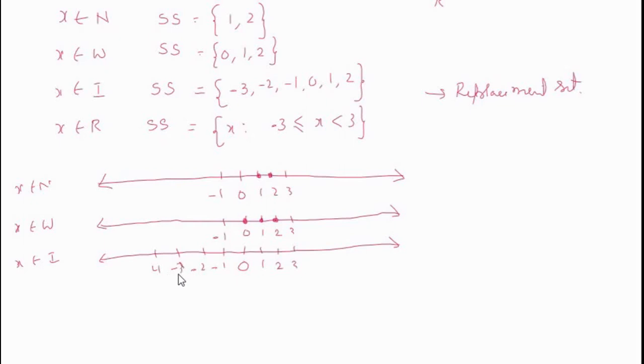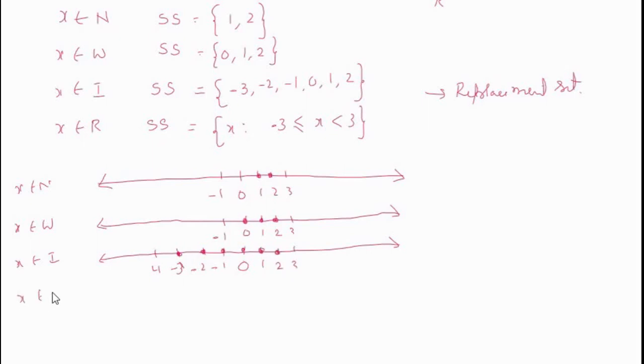The solution set here is from minus 3. So this you have to mark as a thick circle. So here also thick circles up to 2. 3 is not included.